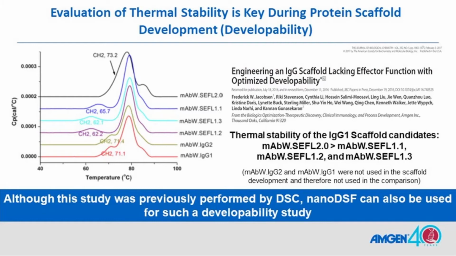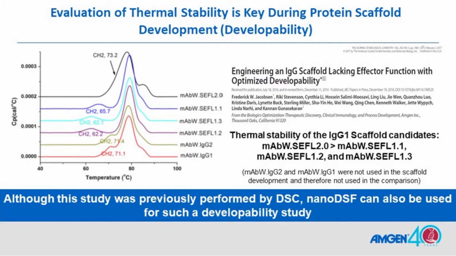This study was published in the Journal of Biological Chemistry in 2017. The goal of this study was to engineer an IgG1 scaffold lacking effector functions with optimized developability.